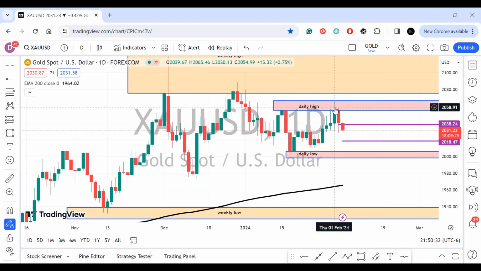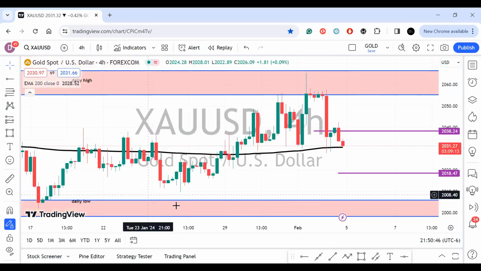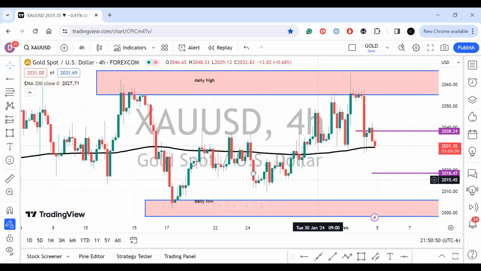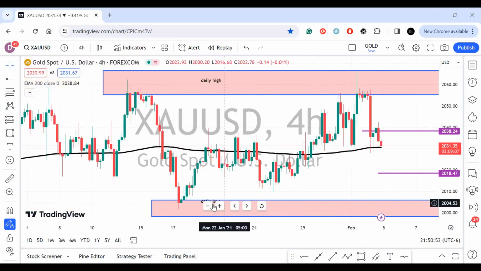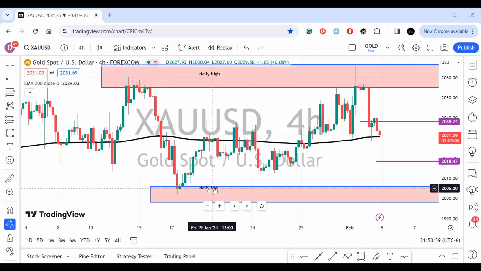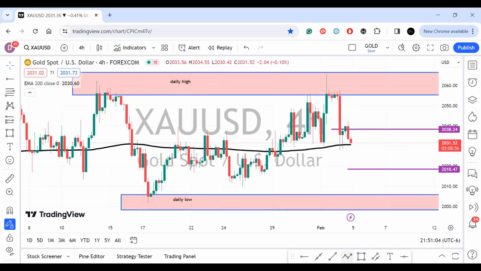I'm going to indicate the daily structure on the H4 structures, because price is going to be reacting off our H4 structures. So on our H4, from this daily low, our structures on the H4 is this.